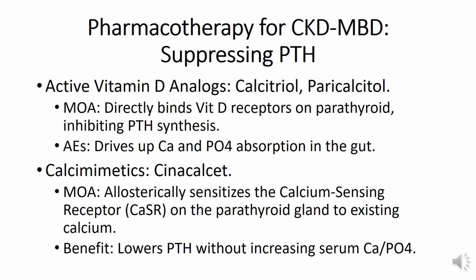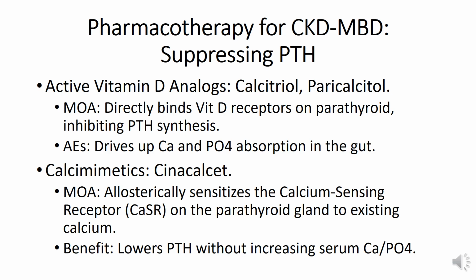Now let's look at a newer and very important drug class. These are calcimimetics. The key example is cinacalcet. Calcimimetics work in a completely different way. Instead of adding vitamin D activity, they target calcium sensing. They act on the calcium sensing receptor, or CaSR.